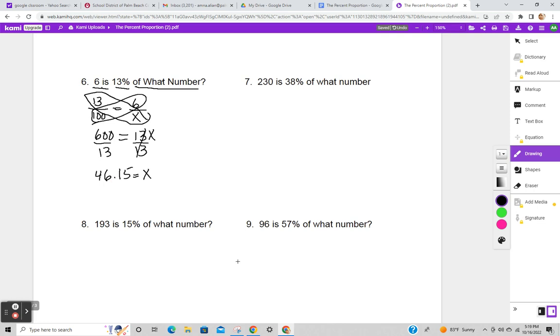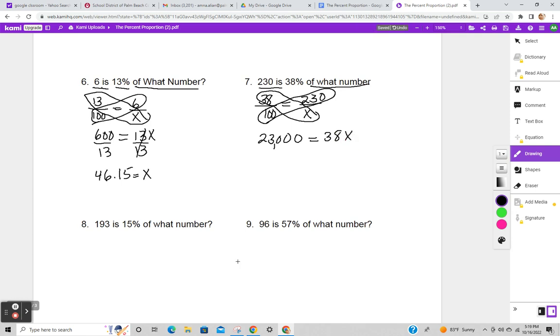All right, moving on to number 7. We have 38% over 100. We have our is. We don't have the number that goes with of. So this is going to be x, and this will be 230. We'll take the cross product. 100 times 230 is 23,000 equals x times 38, which is 38x.